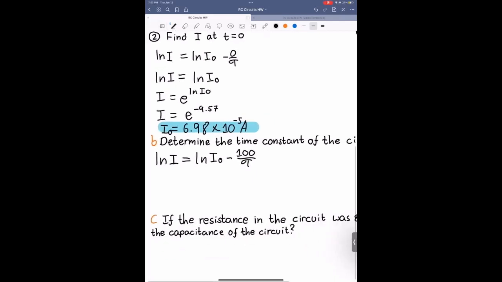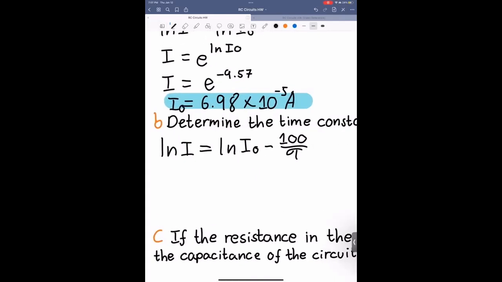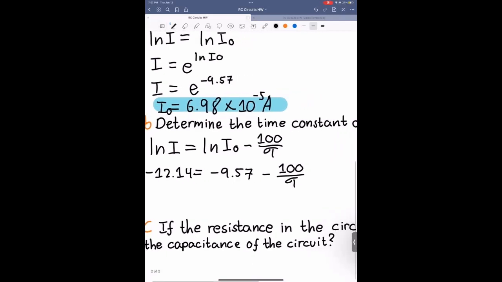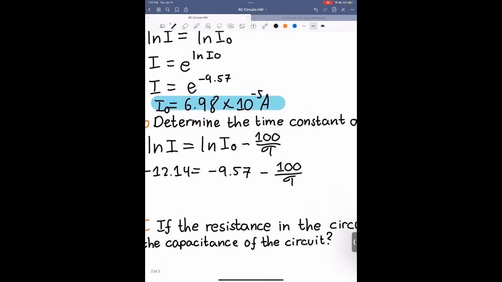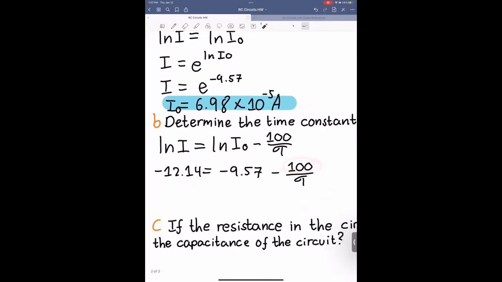Right. ln I is negative 12.14. ln I sub 0 is negative 9.57. Subtract that by 100 over tau. And this is 100 because ln I is equal to negative 12.14 when t equals 100 seconds.